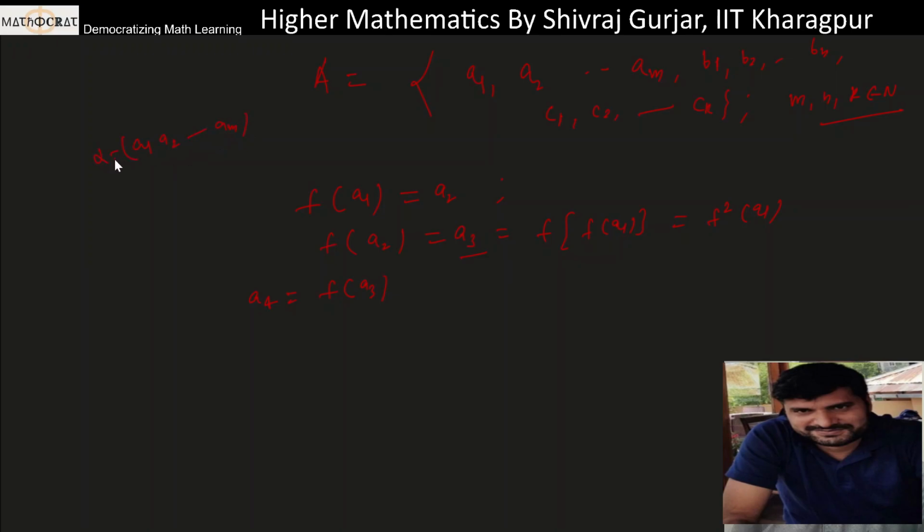This is one cycle, on the elements of this. So A4 will be F of A3. F of A3 is nothing but, what is F of A3?